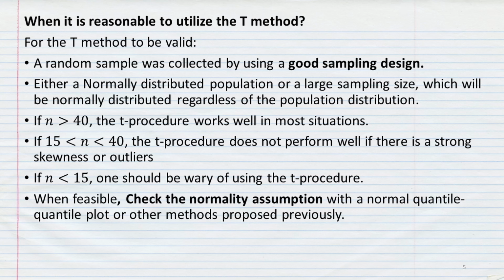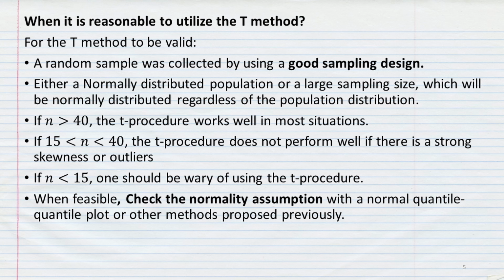For the t method to be valid: 1. A random sample must be collected by using a good sampling design. 2. Either a normally distributed population or a large sample size, which will be normally distributed regardless of the population distribution. If n is more than 40 samples, the t procedure works well in most situations.